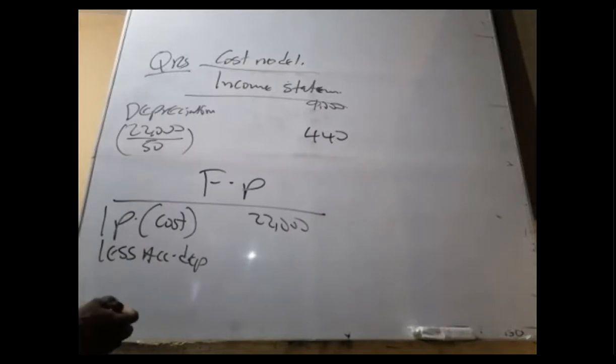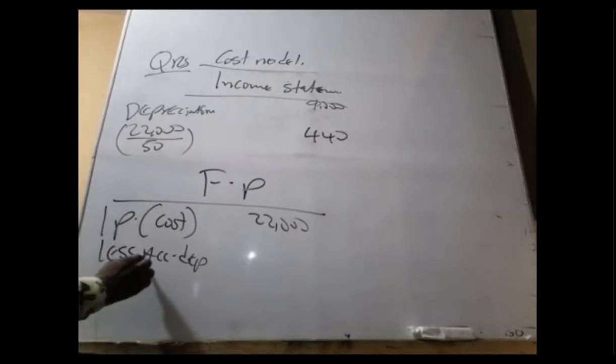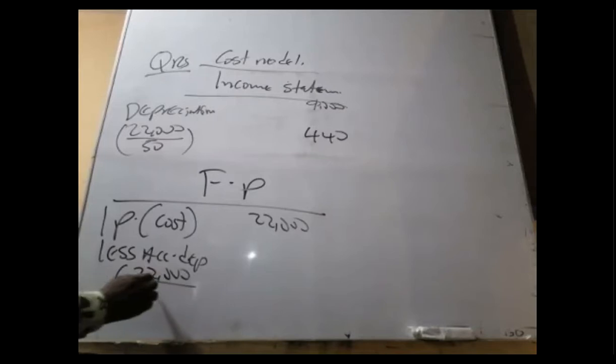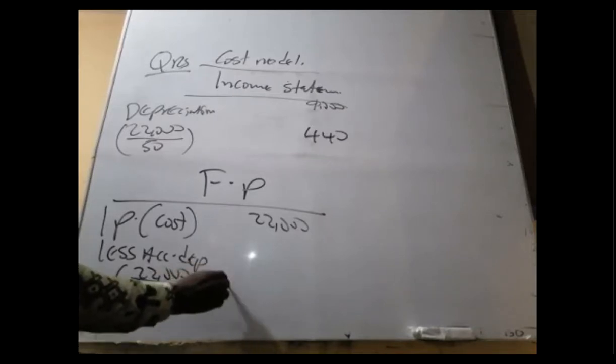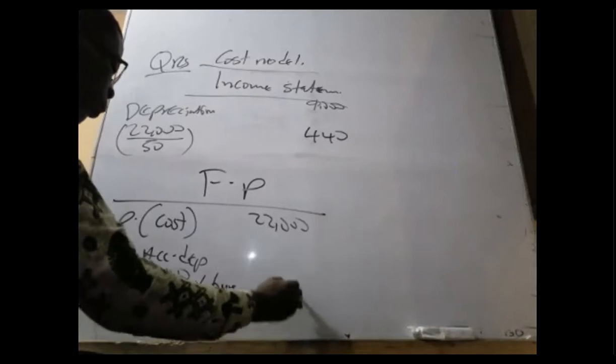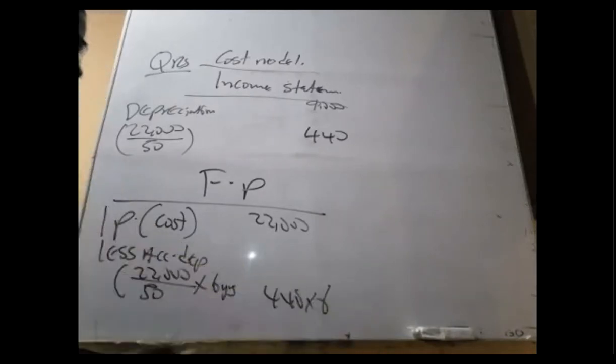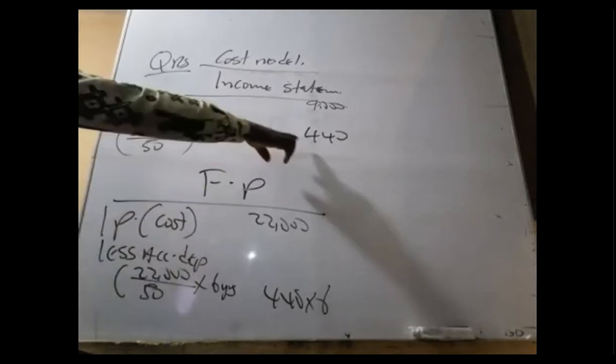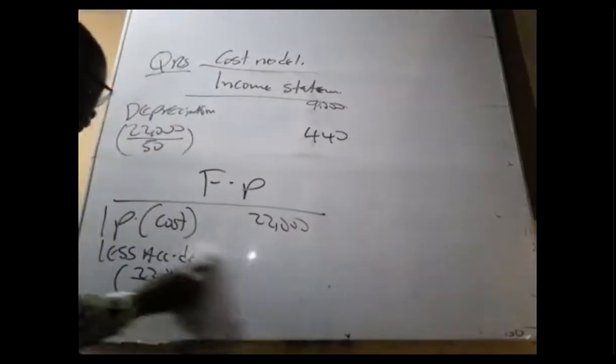So it will be 6 years, right? So it's bracket 22,000 divided by 50 years times 6 years. And that will be the same as you multiplying 440 by 6. This is 1 year. So cumulative depreciation.